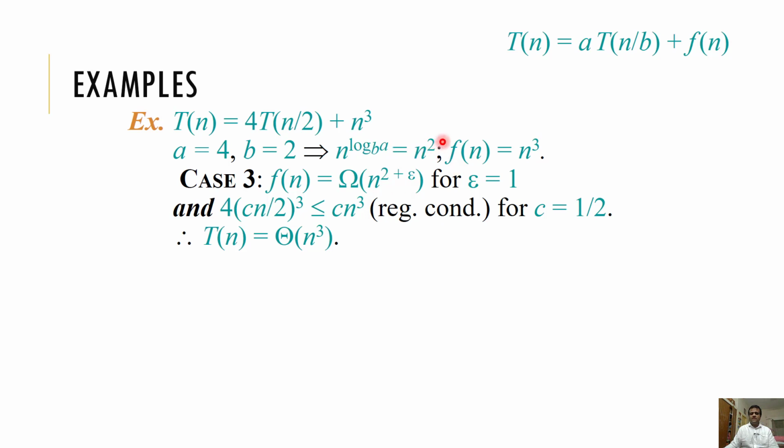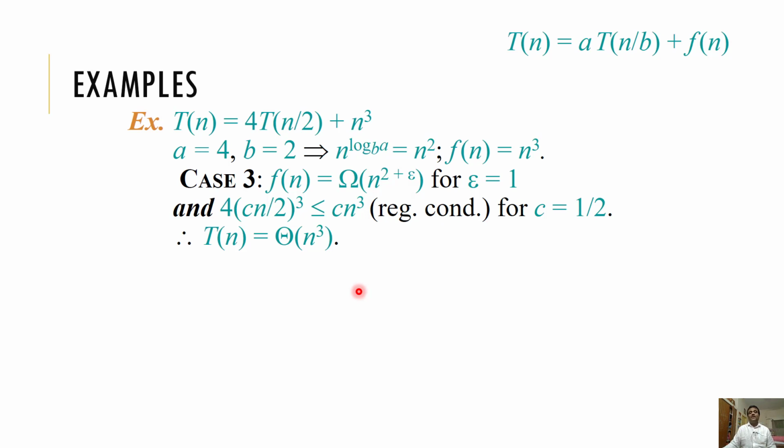So this is faster. How fast? This is polynomially faster, because if we multiply n² by n to the power epsilon, it is still more. So f(n) is greater than or equal to some constant times this, where epsilon is equal to 1. That is basically big omega. So this is polynomially faster: this is n³, this is n².